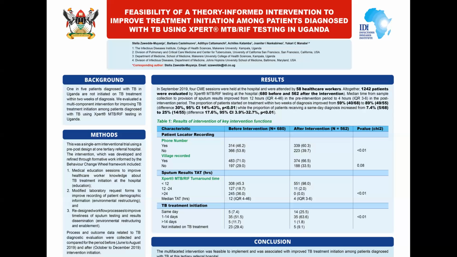During the intervention, none of the patients took more than 24 hours without receiving a sputum test result. The median turnaround time improved from 12 hours with an interquartile range of 4 to 46 hours to 4 hours with an interquartile range of 3 to 6 hours.